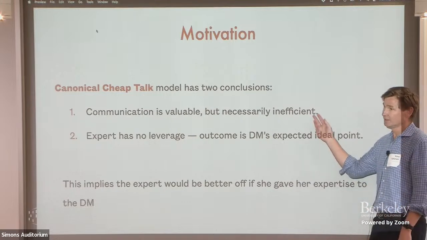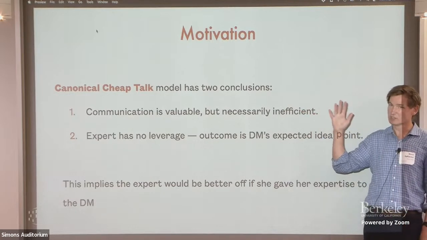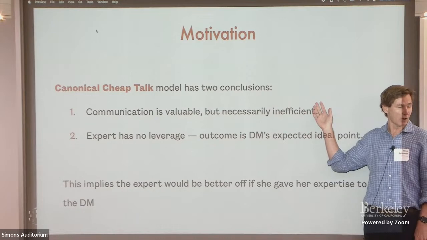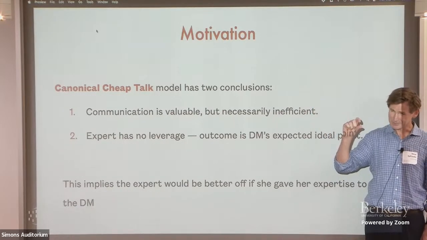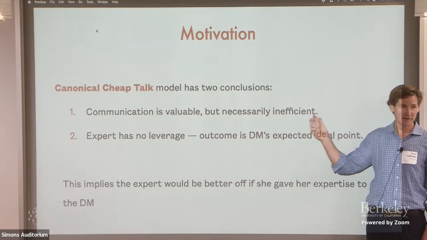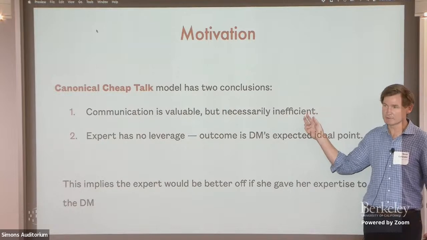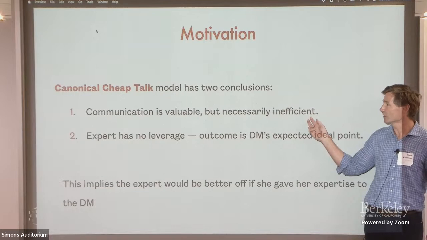One is that even though it's cheap talk, even though the sender, the expert, can lie, communication can be valuable. But as long as their preferences aren't aligned, as long as there's some bias in the receiver's and the decision maker's preferences, communication is going to be inefficient. We're going to lose some information. It's not going to be as good as we could get.